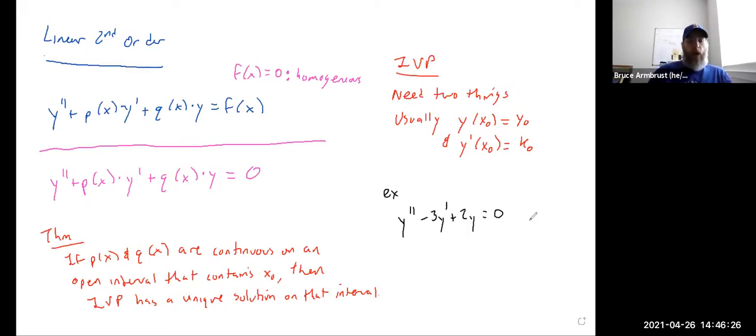Let's just start with what kind of function could be a solution here. What kind of function is going to be such that if we take its derivative and its second derivative, and then we just add and subtract and all that, what kind of functions might work in this sort of situation?